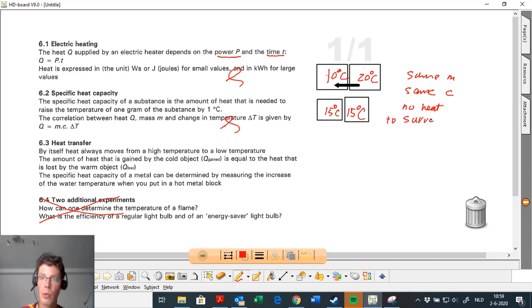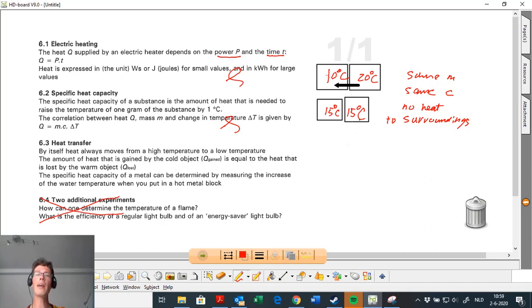And that of course is rarely completely true. But to be able to do any calculations, we often need to make some assumptions. So, for example, when I mix two substances, water and oil for example, I will often assume there's no heat going to the surroundings.